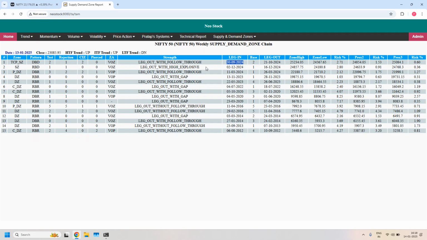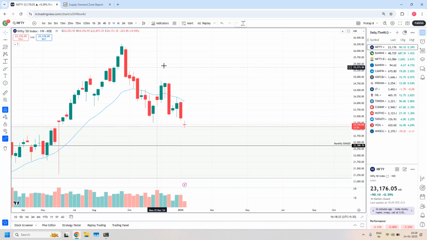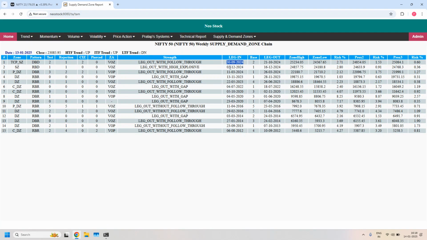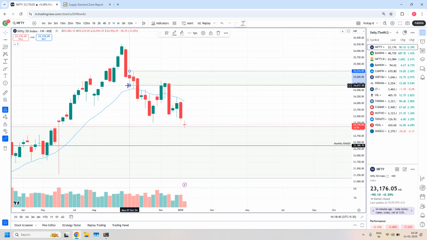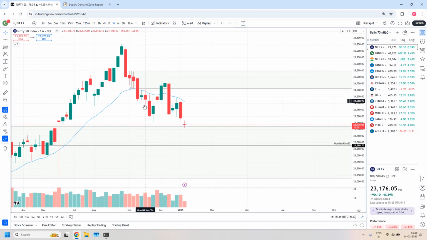I have to look into the demand zones, but anyway, the supply zone is also important. The first one is 39-20-24. This is the one. This is a high liquidity zone. That's why this zone has already been tested multiple times. This is the first test and this is the second test.